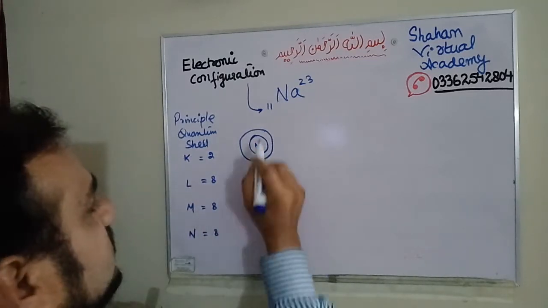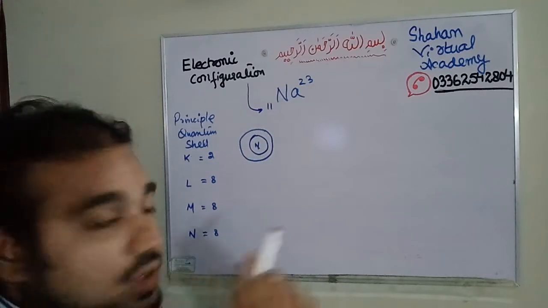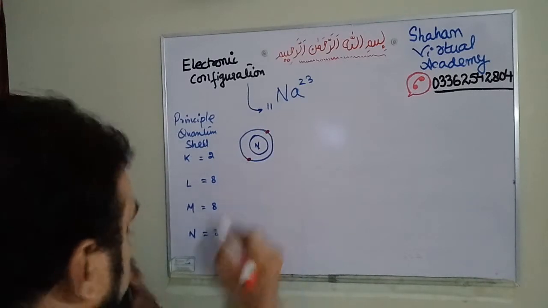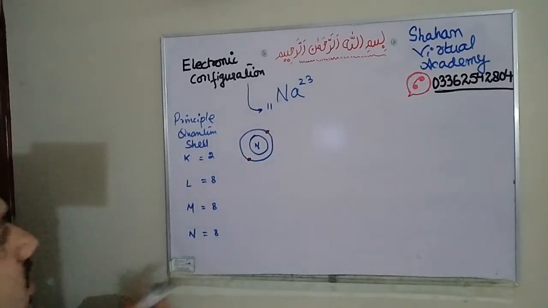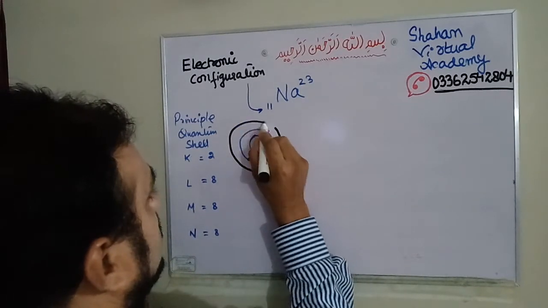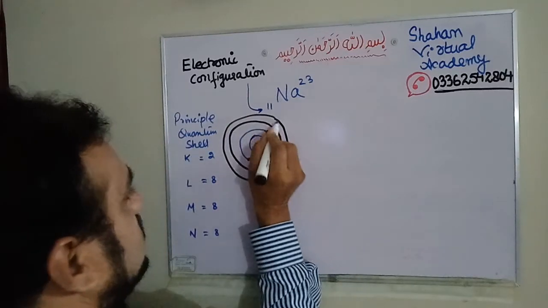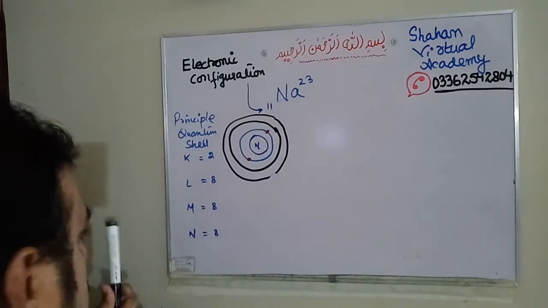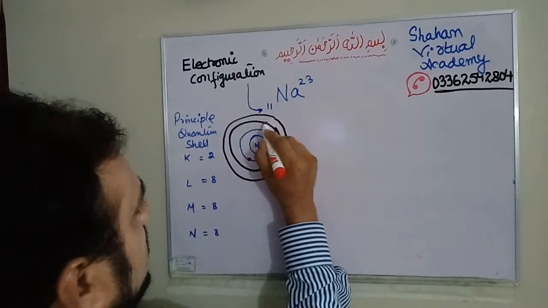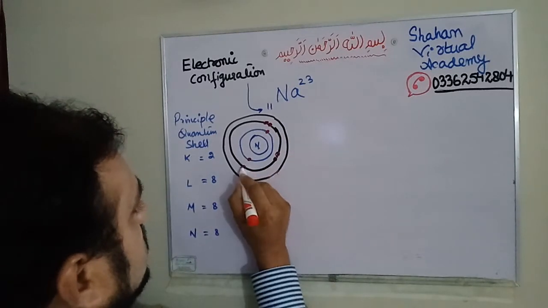If we talk about the sodium metal, sodium has 2 electrons in the K shell, and this is the K. This is the L shell.